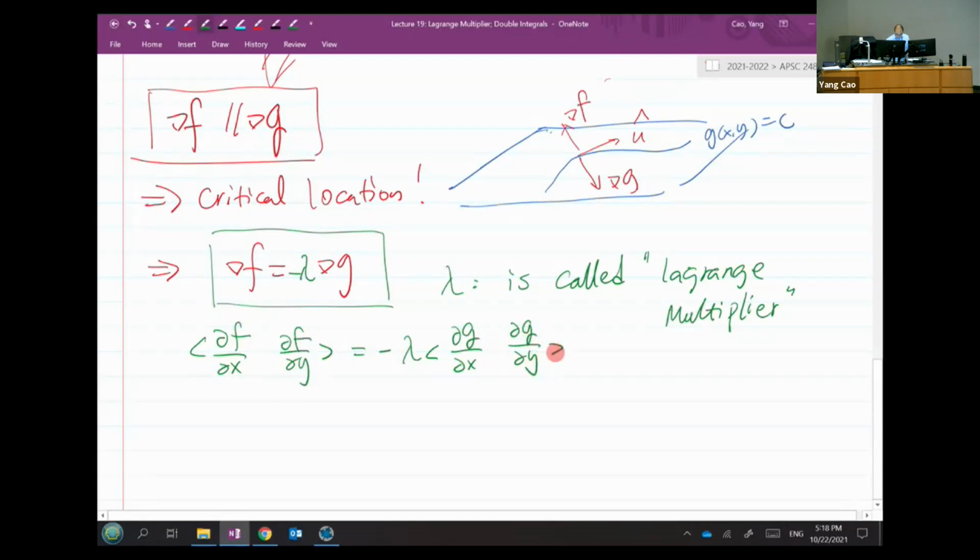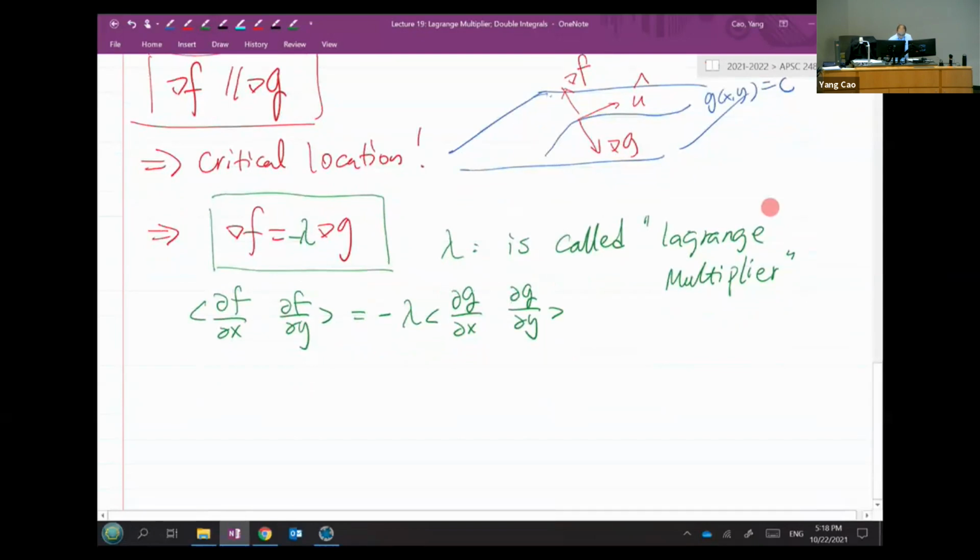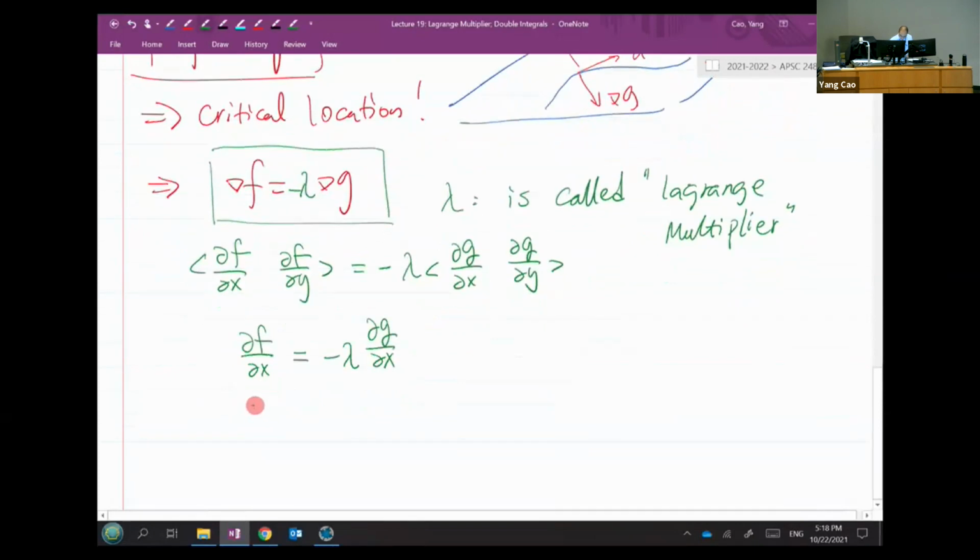Because the two vectors are equal to each other, I have partial f partial x equal to negative lambda partial g partial x, and partial f partial y equal to negative lambda partial g partial y. And let me simplify this a little bit, just moving everything to one side.